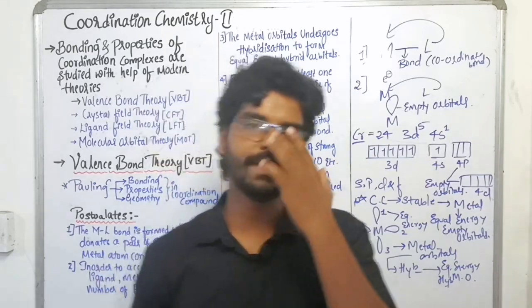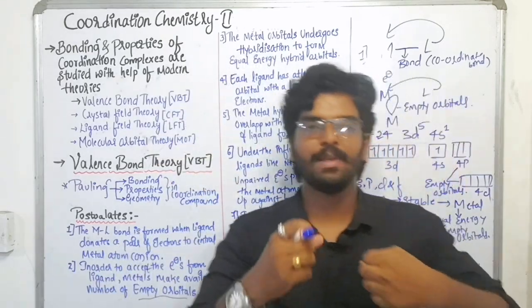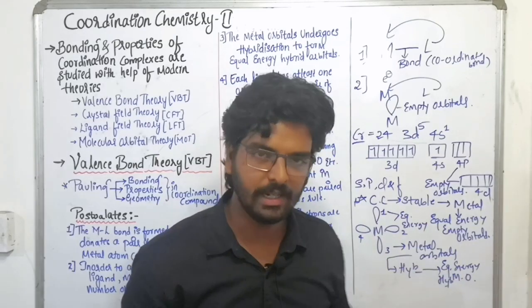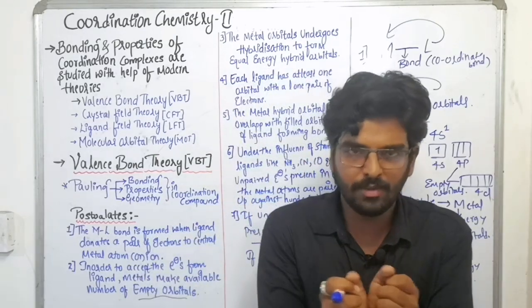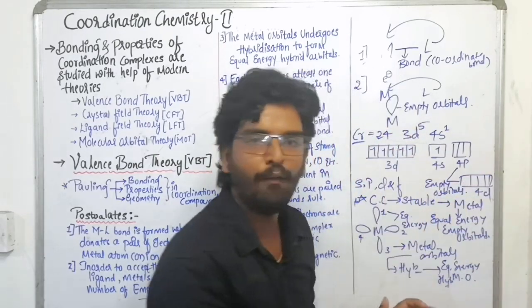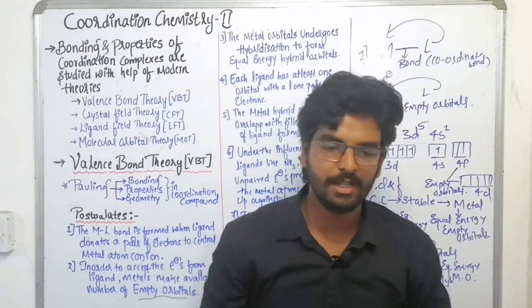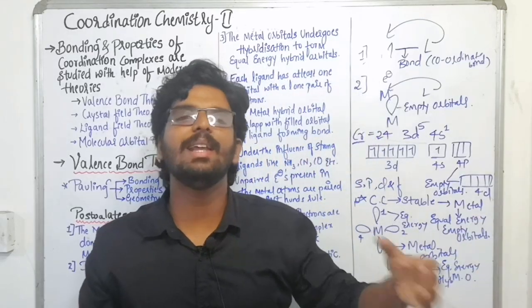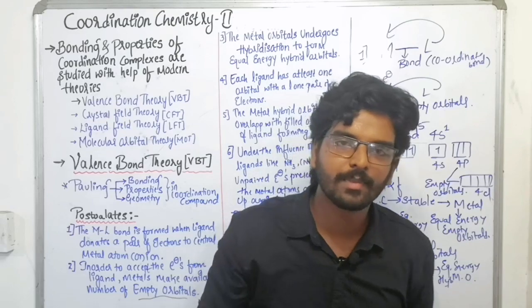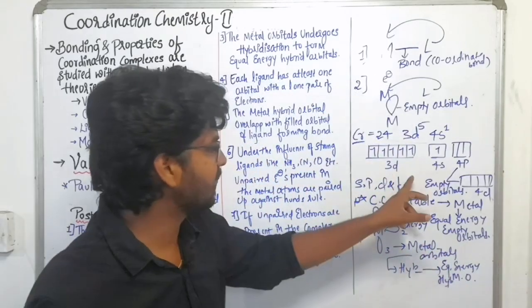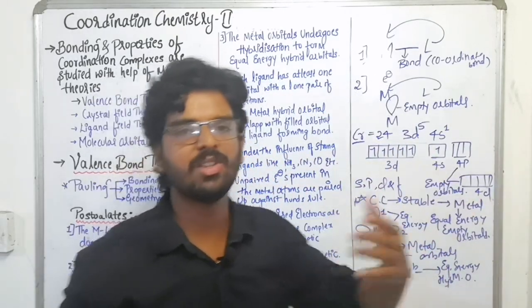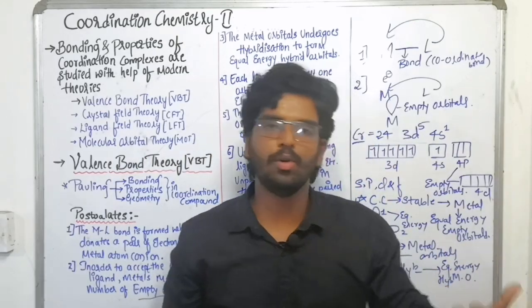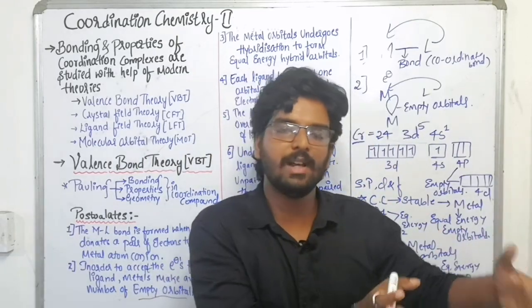As we all know, what is hybridization? Hybridization is nothing but the intermixing of metal orbitals in order to form equal energy hybrid orbitals. So each metal has its own orbitals. So all these orbitals will undergo what?